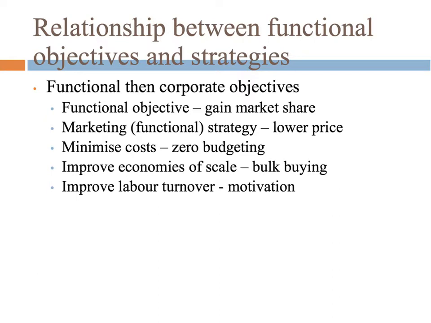So I'll give you a little diagram. The functional objective could be to increase market share. The idea behind this would be to contribute to the corporate objective of growing the business as a whole.